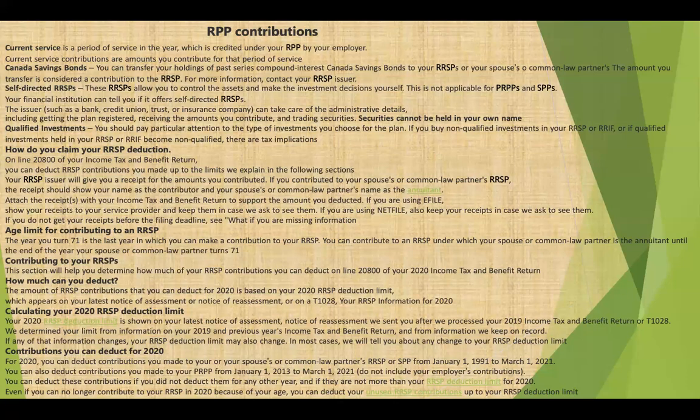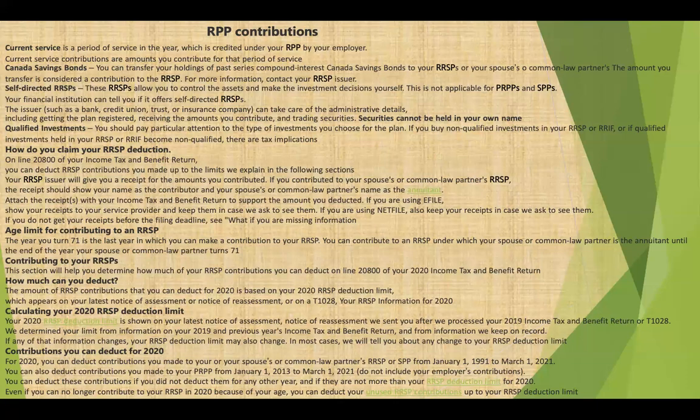How do you claim your RRSP deduction? On line 20800 of your income tax and benefit return, you can deduct your RRSP contribution you made, up to the limits we explain in the following section. Your RRSP issuer will give you a receipt for the amount you contributed.